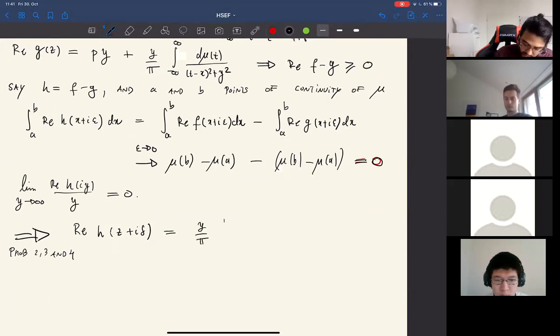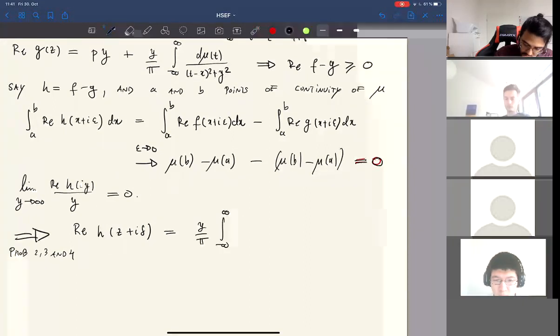This is just this. Well, I could just take the difference of the formulas, but I don't want to do that at the moment. I want to do that slightly above the real axis, okay? So then I can put h here.